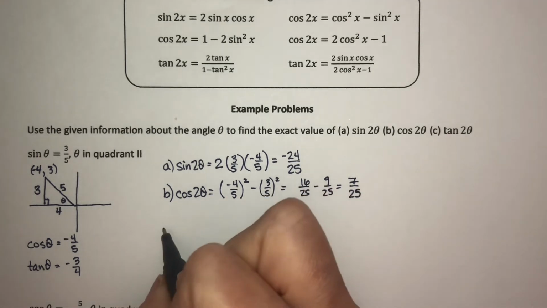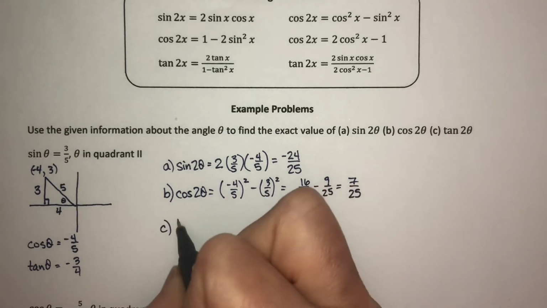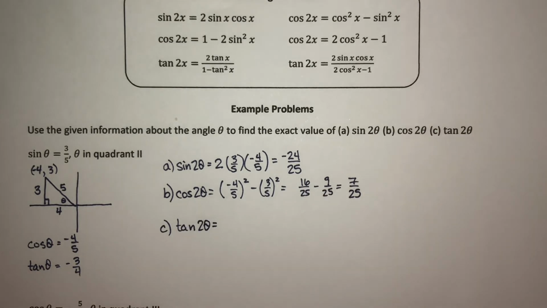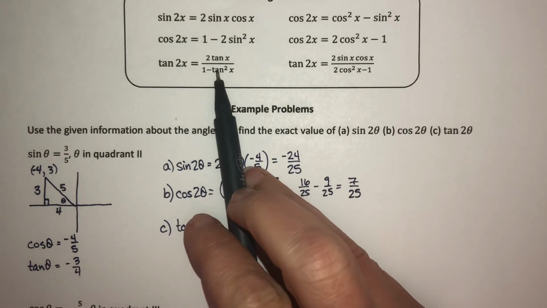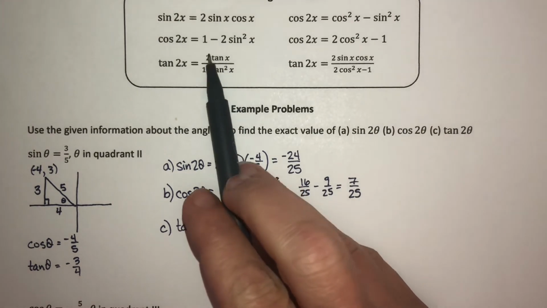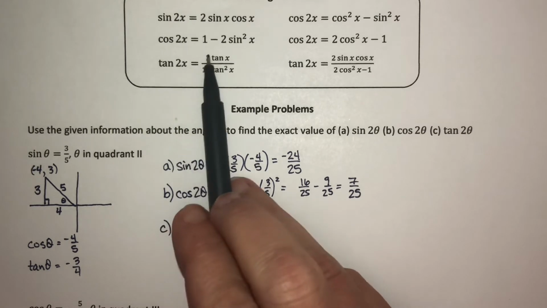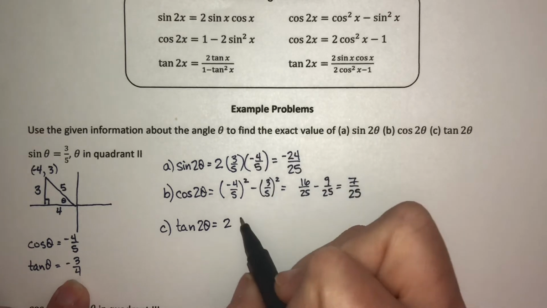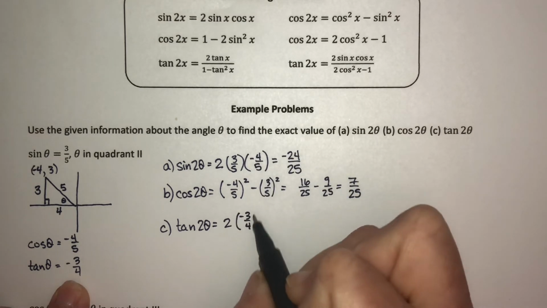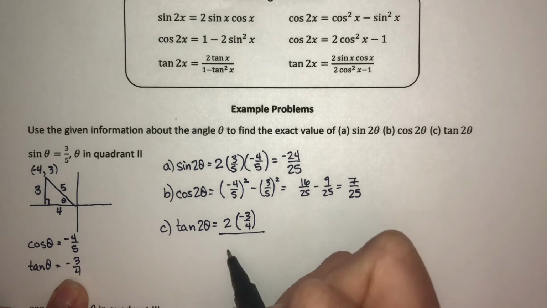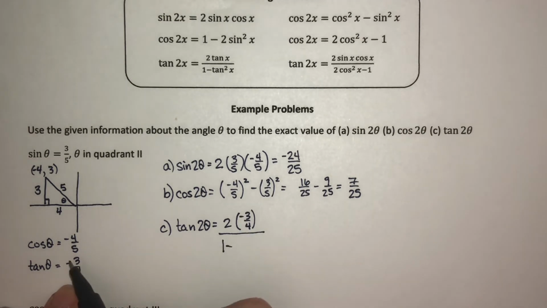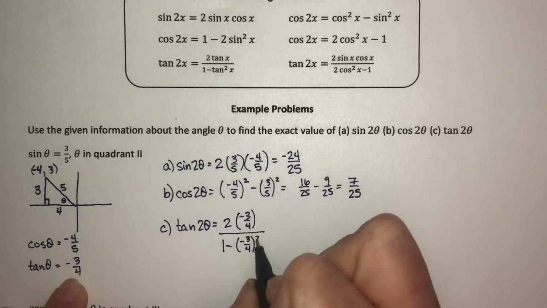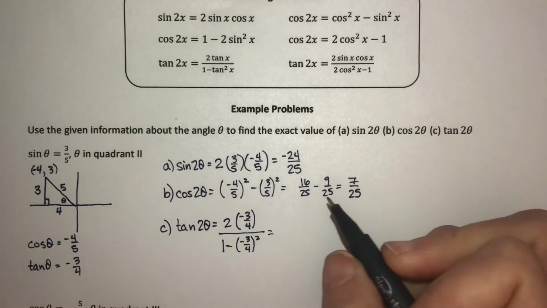Okay. Now part C, we need to find tangent of 2 theta. I'm going to use this formula, and then I'm going to show you an alternate way. So tangent of 2 theta is 2 times the tangent of theta, which is -3/4, over 1 minus tangent squared, so -3/4 squared. Okay.